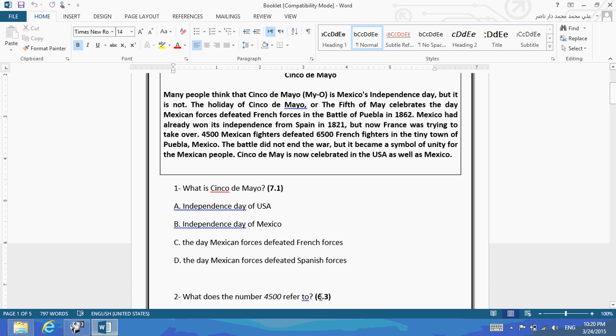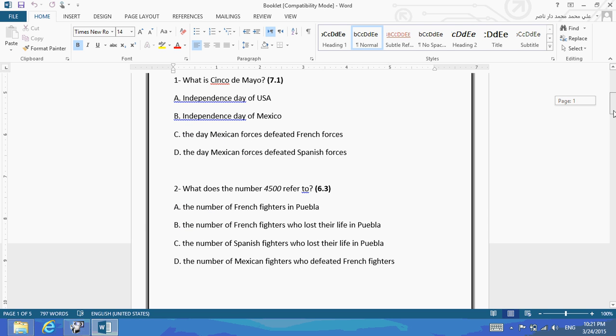In such a question, or with such a standard, usually you find the head word 4,500. 4,500 Mexican fighters defeated 6,500 French fighters. So the answer is the number of Mexican fighters who defeated French fighters.